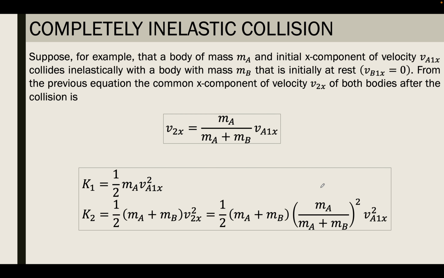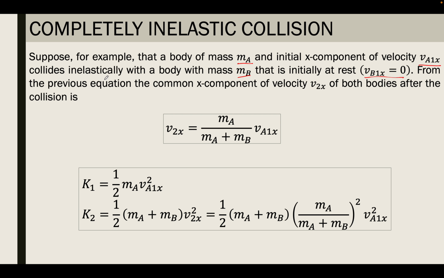Okay, so suppose, for example, that a body of mass m sub A and initial component of the velocity v sub A1x collides inelastically with a body of mass m sub B that is initially at rest. Which means na v sub B1x, or the initial velocity of body B, is equal to 0.